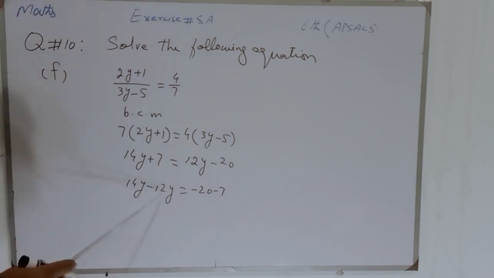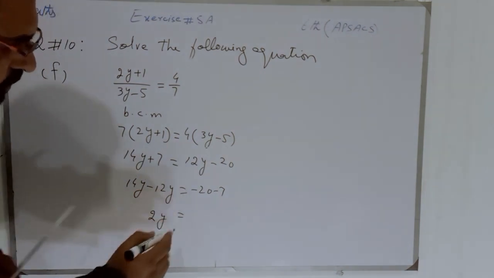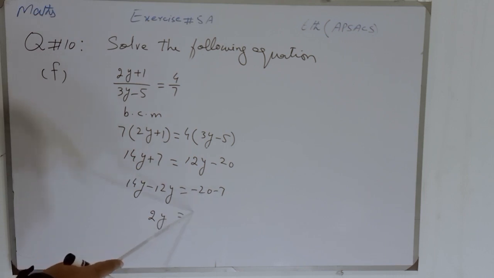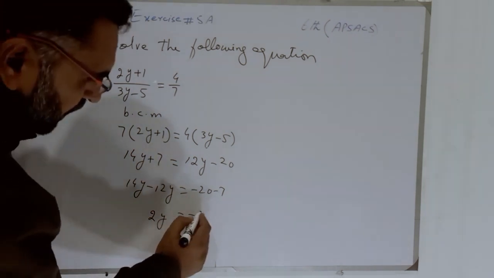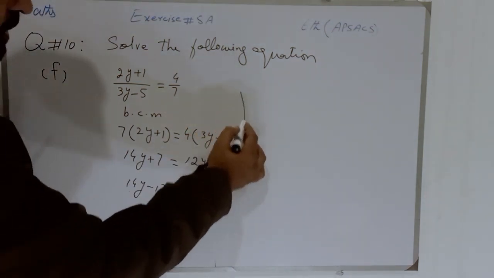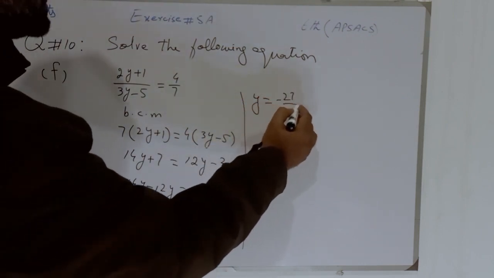Subtract 12y from 14y and we will have 2y is equal to, on the right side both the numbers have the same signs, so we will sum up both the numbers and put the same sign, and it will become minus 27. This 2 is multiplying with y. When we transfer it to the other side, it will divide. So it is written as y is equal to minus 27 over 2.